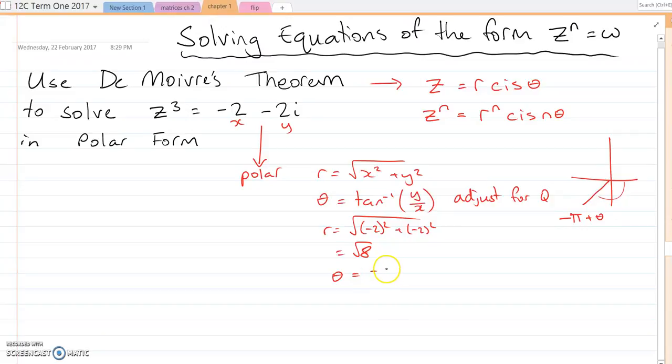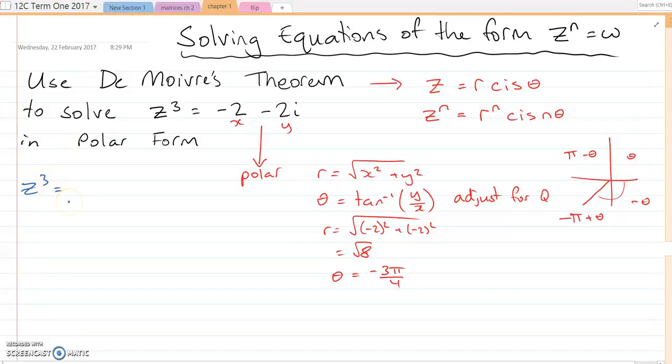So we're actually at negative 3 pi over 4. So we've got z cubed equals the square root of 8 cis of minus 3 pi over 4.